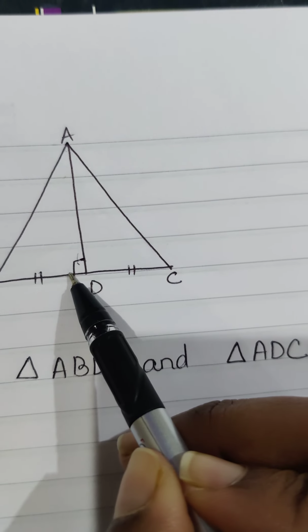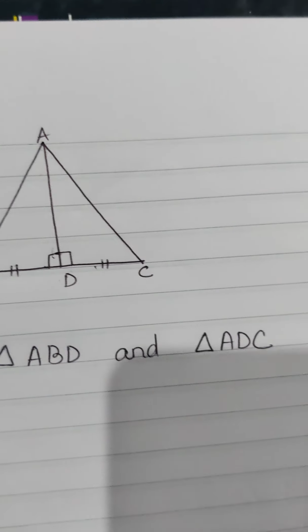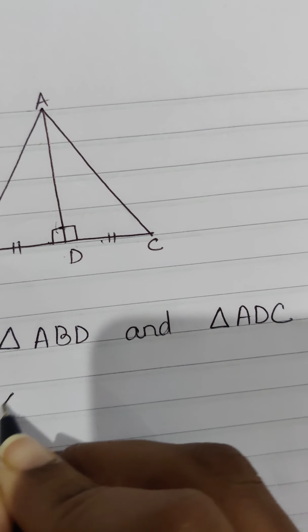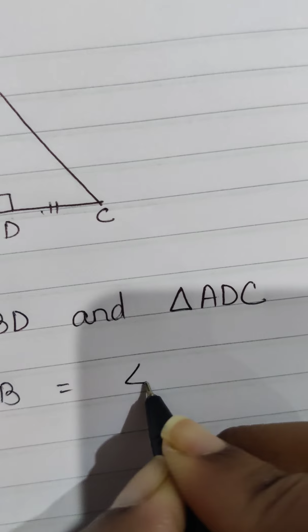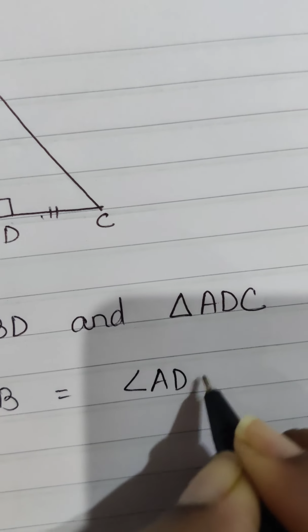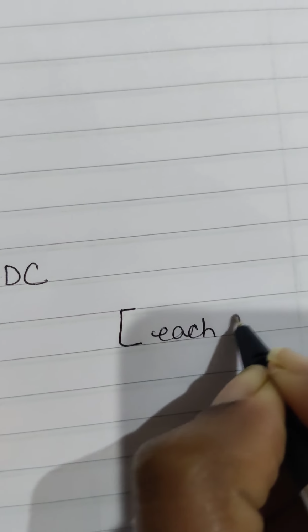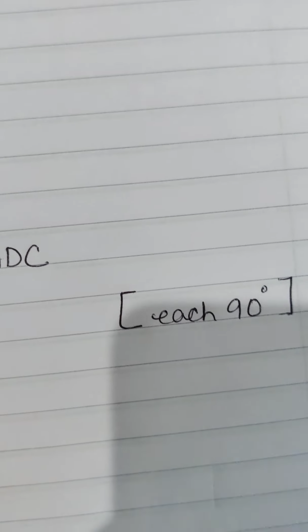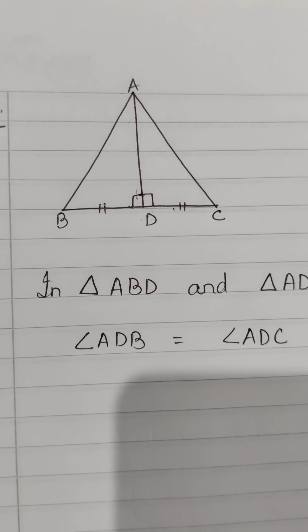If this is 90 degrees, obviously angle ADC, that means this side also it will be 90 degrees. Alright, so we can write that first. Angle ADB is equal to angle ADC. Why? The reason is each of 90 degrees.